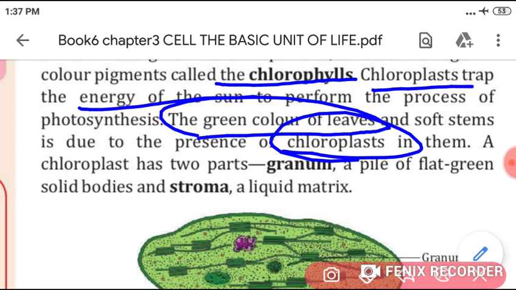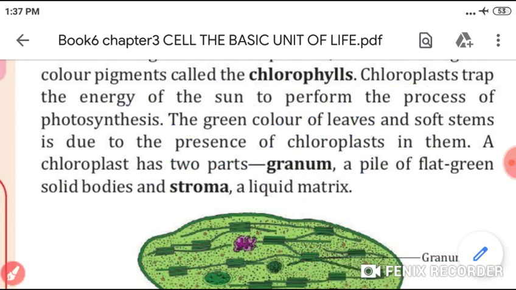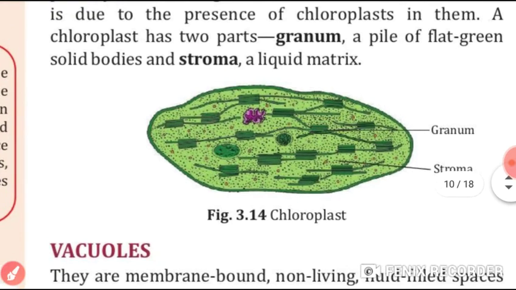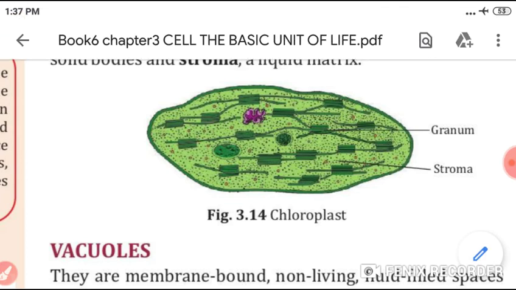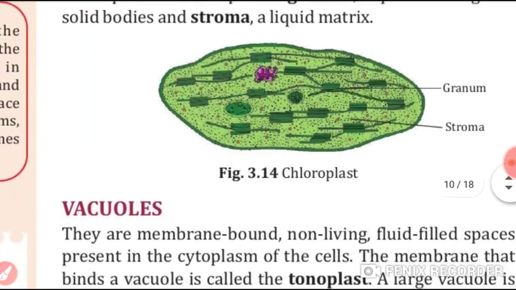A chloroplast, students, has two parts: grana, piles of flat green solid bodies, and stroma. What is that called? Liquid matrix. Now students, this is the chloroplast. I will show you. Okay, it has two parts: a pile of flat green solid bodies, and stroma, which is the liquid matrix inside.